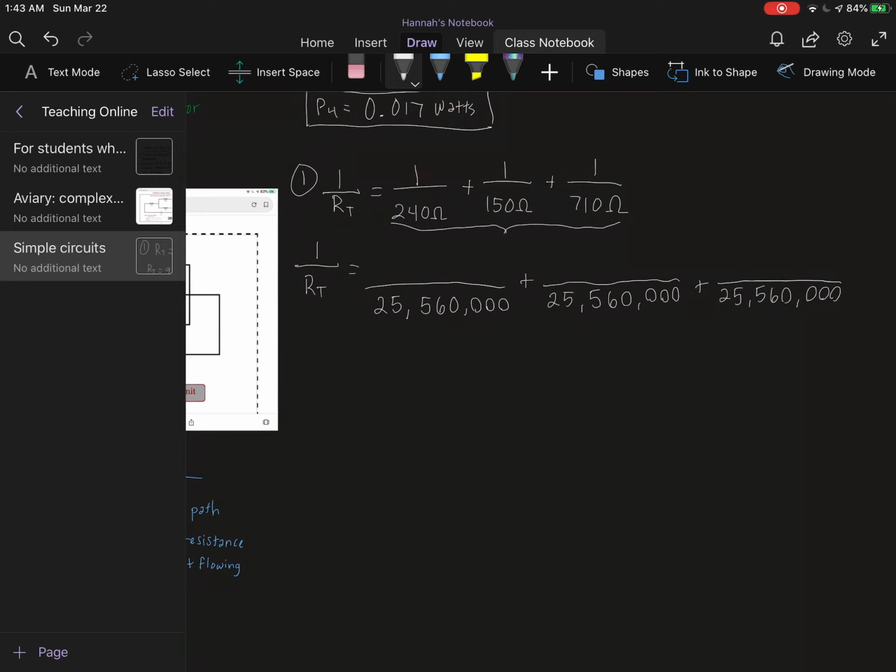Okay. And to find your numerator, what I do is I take the denominator I just found and I divide it by the original denominator. Okay, so if my original denominator was 240, I divide 25,560,000 by 240.